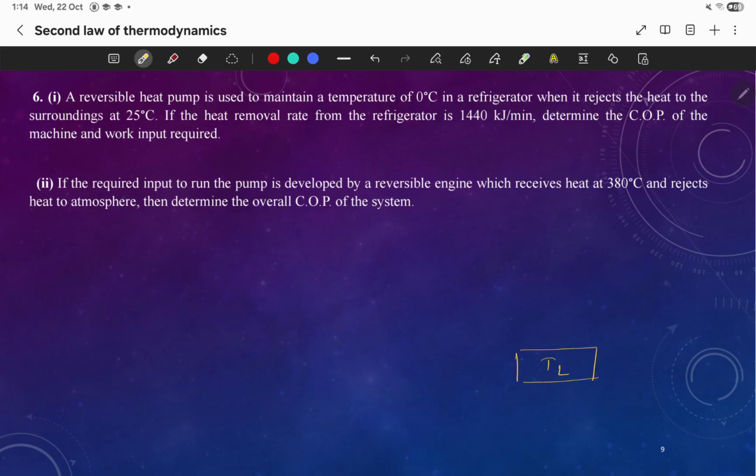When it rejects the heat to the surrounding at 25 degrees Celsius, this is TH, I am taking this as T2, this is 25 degrees Celsius. If the heat removal rate from the refrigerator is, okay, so it is Q1, this is Q2.